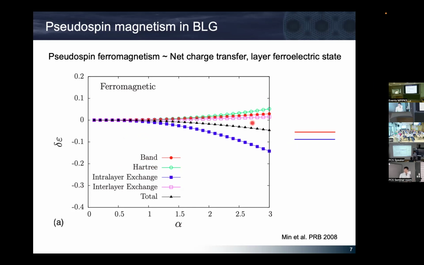Nevertheless, the total energy becomes negative, represented with the black line, thanks to the great gain driven by the exchange interaction, mainly due to the intralayer part, within each layer, of this Coulomb interaction.